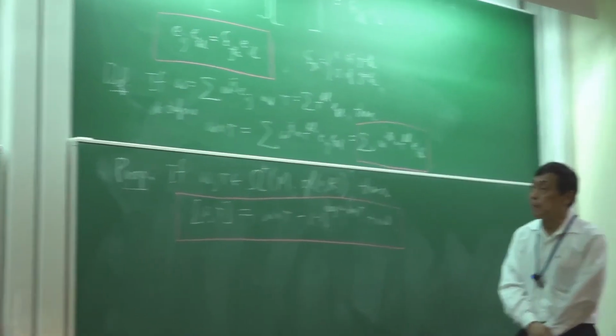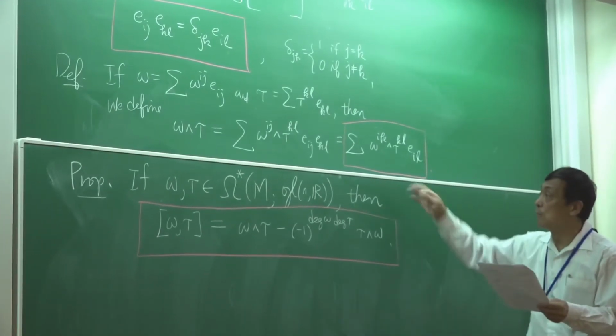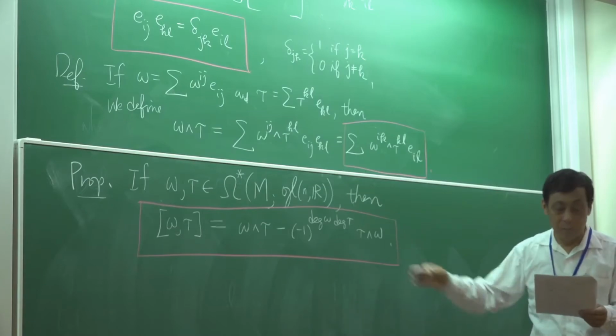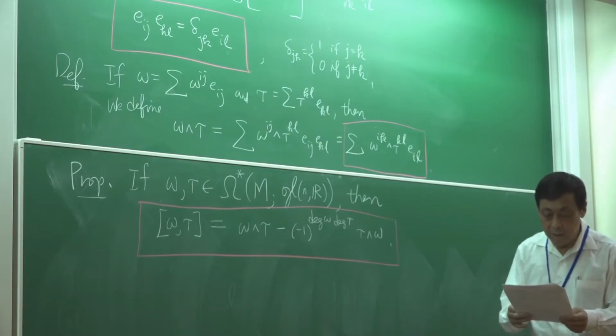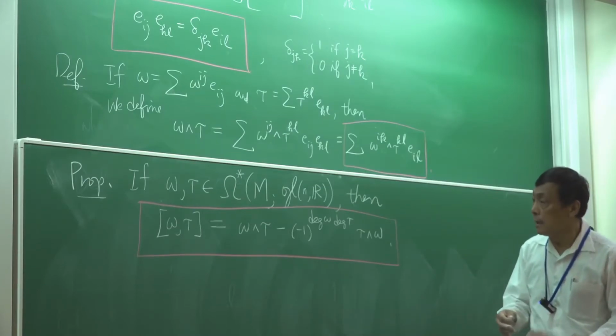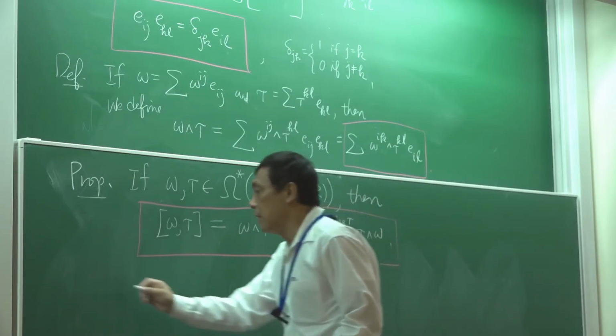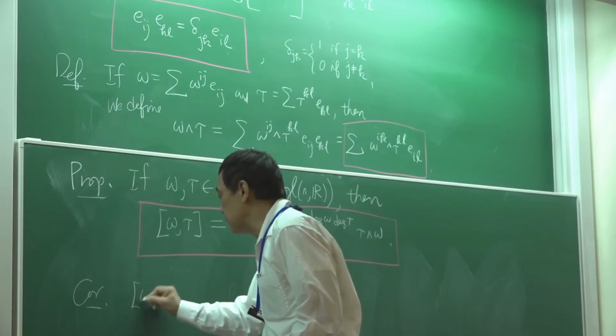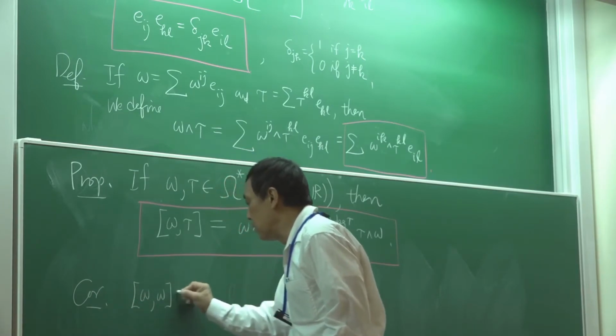And again, this just follows from writing everything out in terms of bases, so it's pretty straightforward. As a corollary, let's see, what is the bracket of omega with omega?